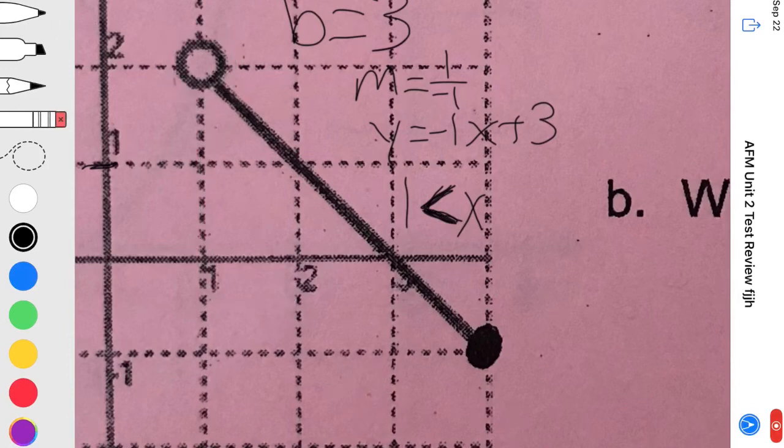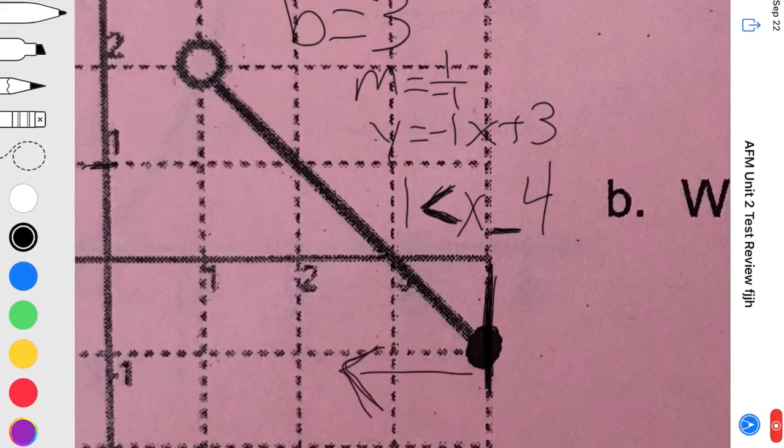So then I'm looking at my biggest x value. My x value for step 3 is stopping when x is 4. My x value can equal 4. And from x is 4, my x's are less than 4. So x is less than 4.